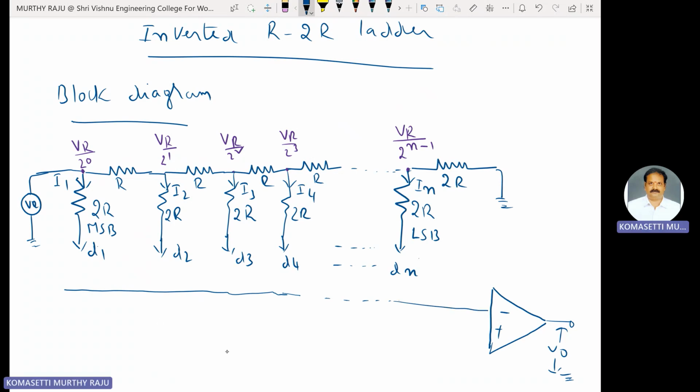One is inverting terminal, one is non-inverting terminal. This one is switch. All these are switch ends. The switch is connected to either logic 0 or logic 1. When D1 is at logic 0, it is connected to one of these lines. When D1 is at logic 1, it is connected to the other line. I will explain clearly. These are the switch positions like that.